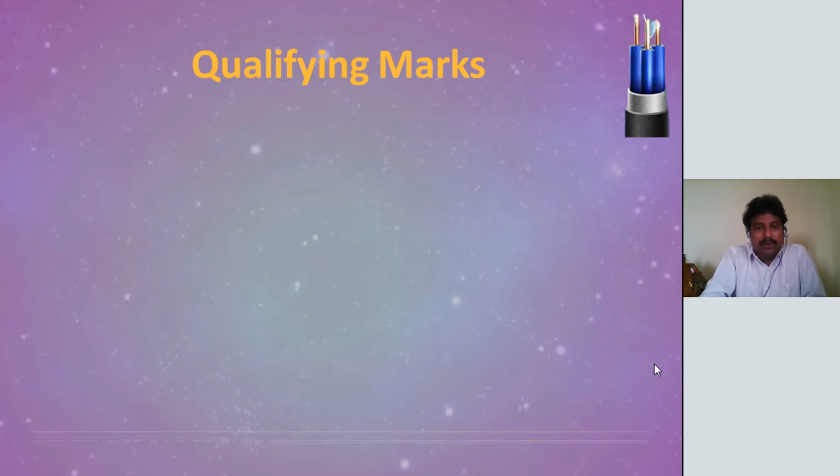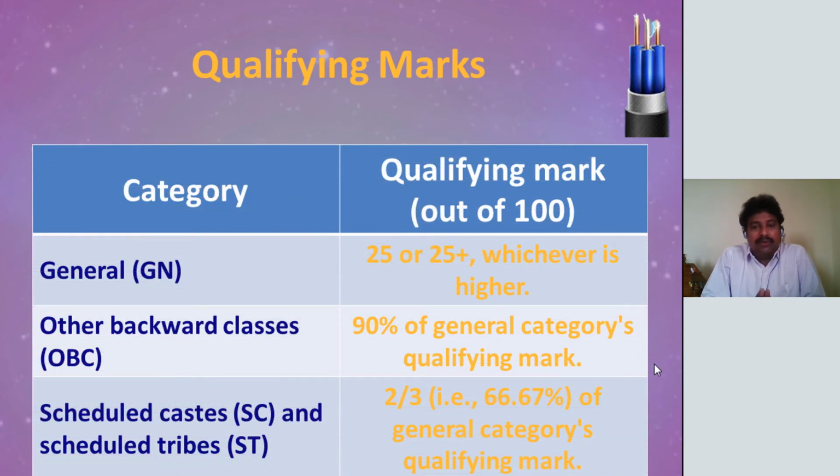Now coming to disqualifying marks. Disqualifying marks are fixed every year based on the reservation category that a student belongs to. There are 3 categories in the GATE pattern: the general category, other backward classes, and scheduled caste and scheduled tribe.